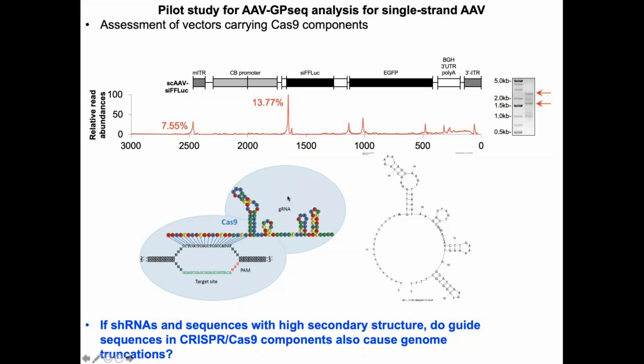And a lot of you may be familiar that the guide RNA sequence is really in and of itself defined by secondary structure, these loop sequences that are important for binding onto Cas9 so that the guide RNAs can then recruit these to positions that are target sites for editing.